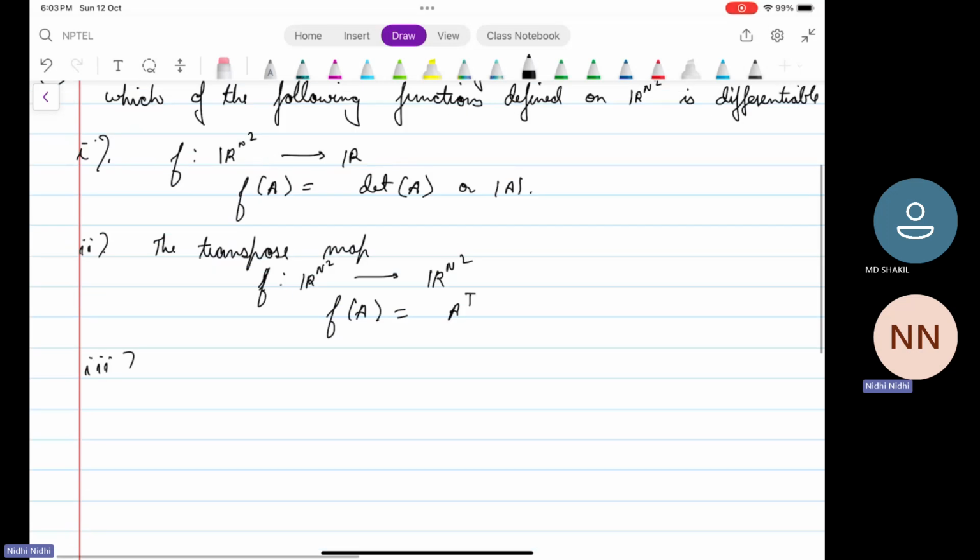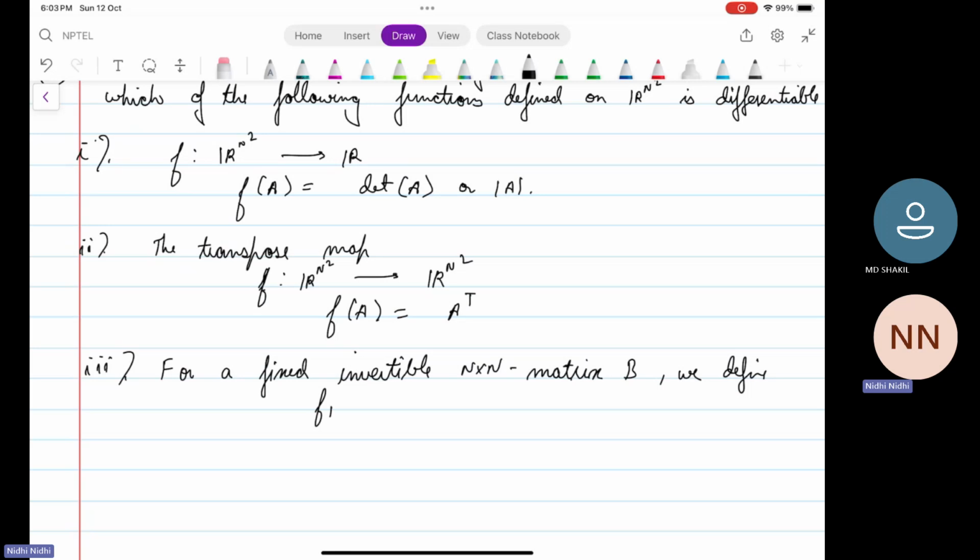Then the third one is, for a fixed n cross n invertible matrix B, we define a function which is depending on B, again from R^(n²) to R^(n²).